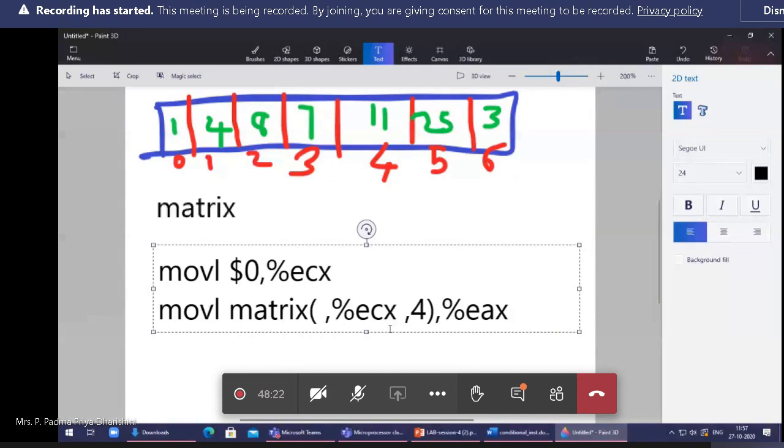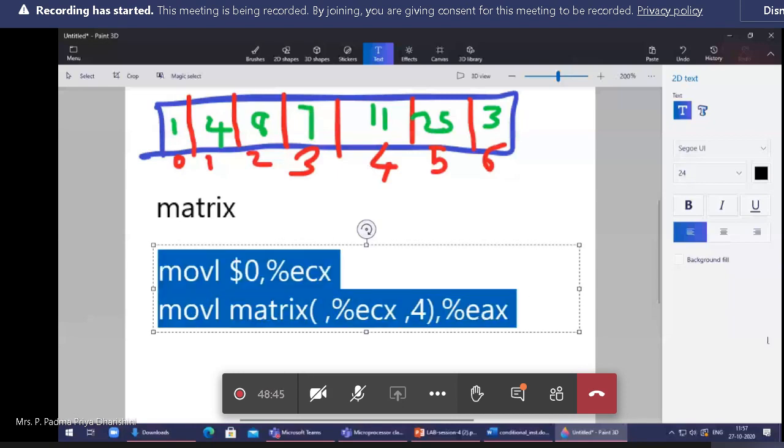With ECX, we are going to run through the array. Initially ECX contains 0. After that it will take 1, next 2, 3, 4, 5, 6. After that it has to terminate. How it is going to terminate, that's what we are going to discuss now.